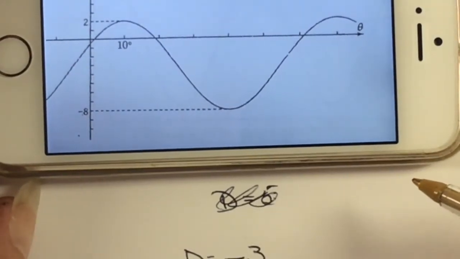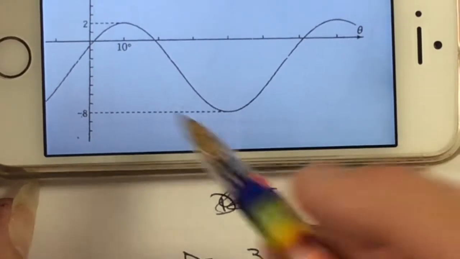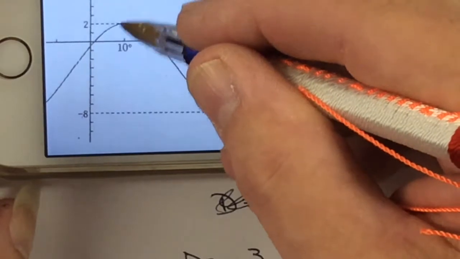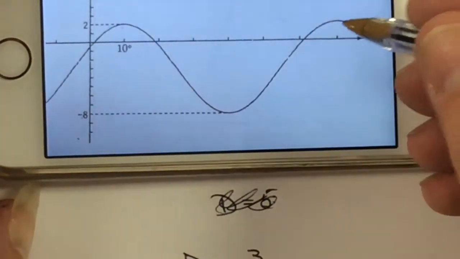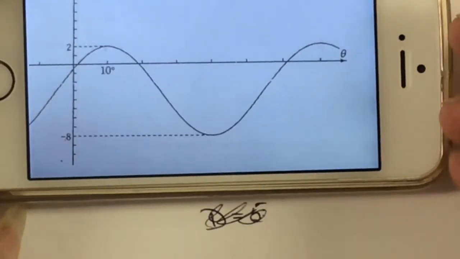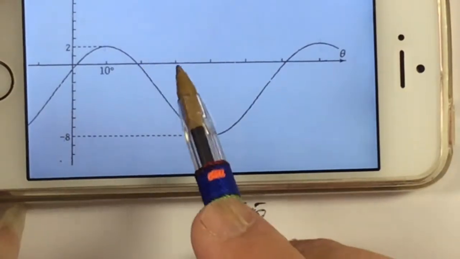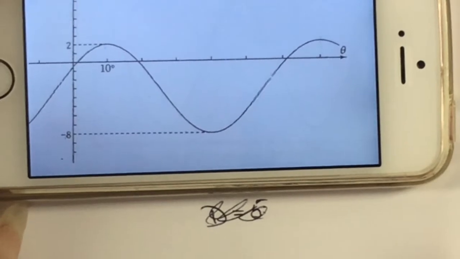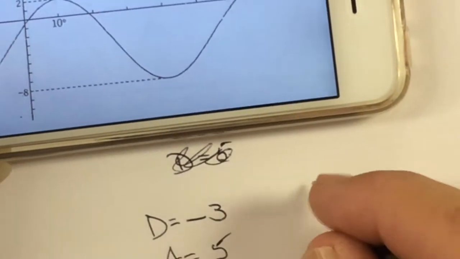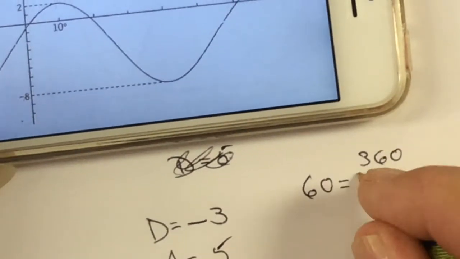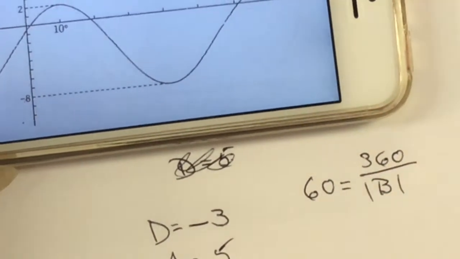Now, what else do we need? If this is 10 degrees, and this is where the maximum is here, here's the maximum again over here. What's the period? 60 degrees? Is that what I heard you say? So if the period is 60 degrees, that has to equal 360 over b, right?